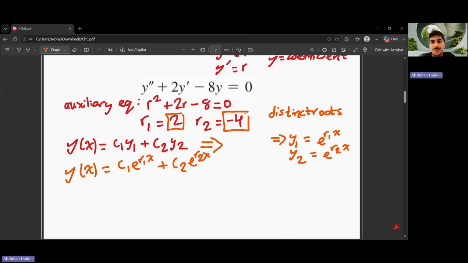Note that the rule for distinct roots, repeated roots and complex roots are not the same, so we'll go one by one. As I said before, these are distinct roots, 2 and negative 4 are different. The general form is c1y1 plus c2y2, and for distinct roots, y1 is e power r1x and y2 is e power r2x. So now we can write the values of r.